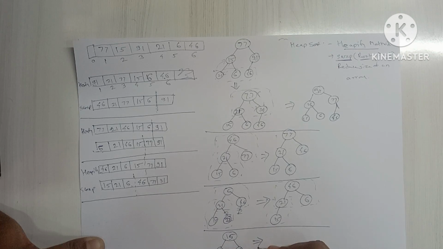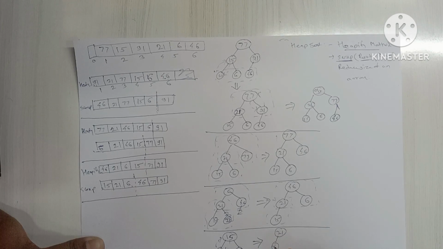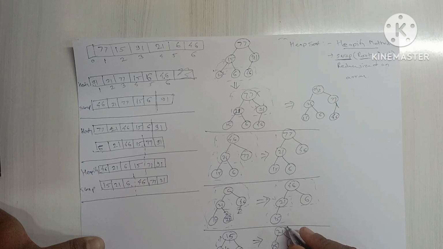Now we need to apply Heapify method, and Heapify method should be applied only on the non-leaf node. So 15 is the non-leaf node. We will apply Heapify method only on 15. So after applying this, we will swap it. So after swapping, we'll get here 21, 15 and 6. Okay, so this is the max heap right now.